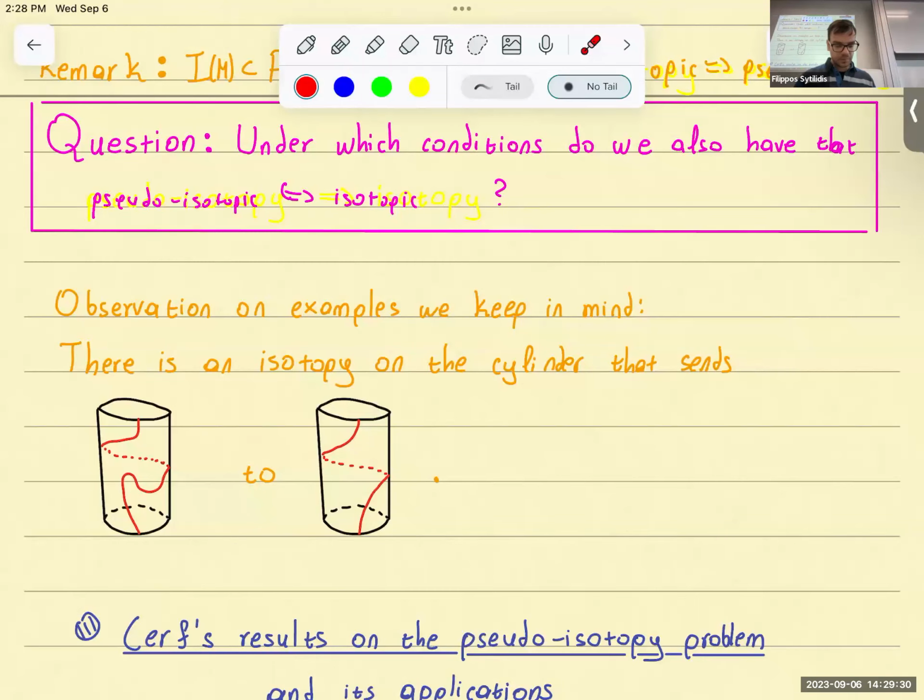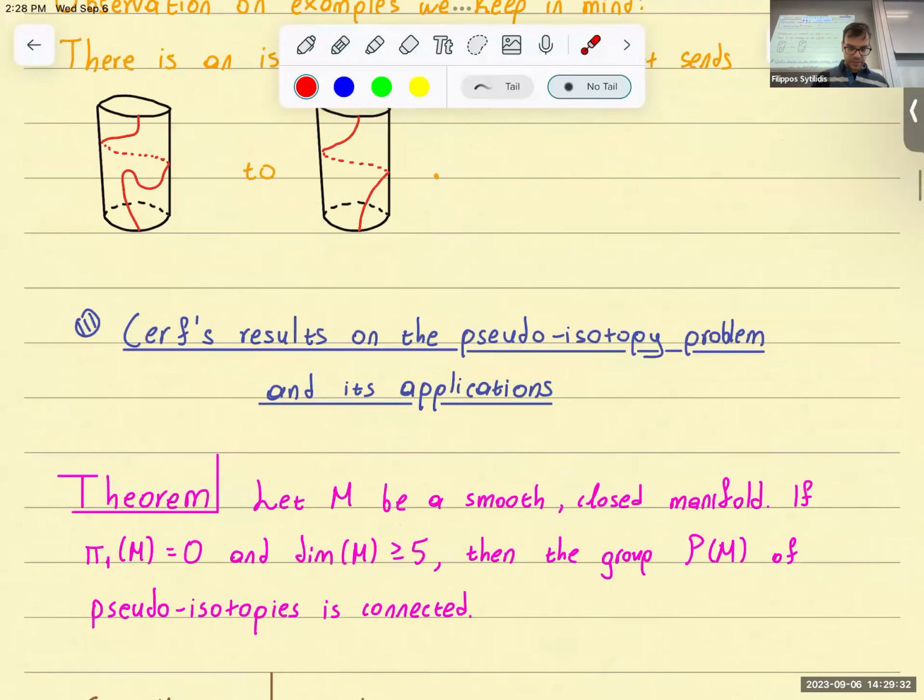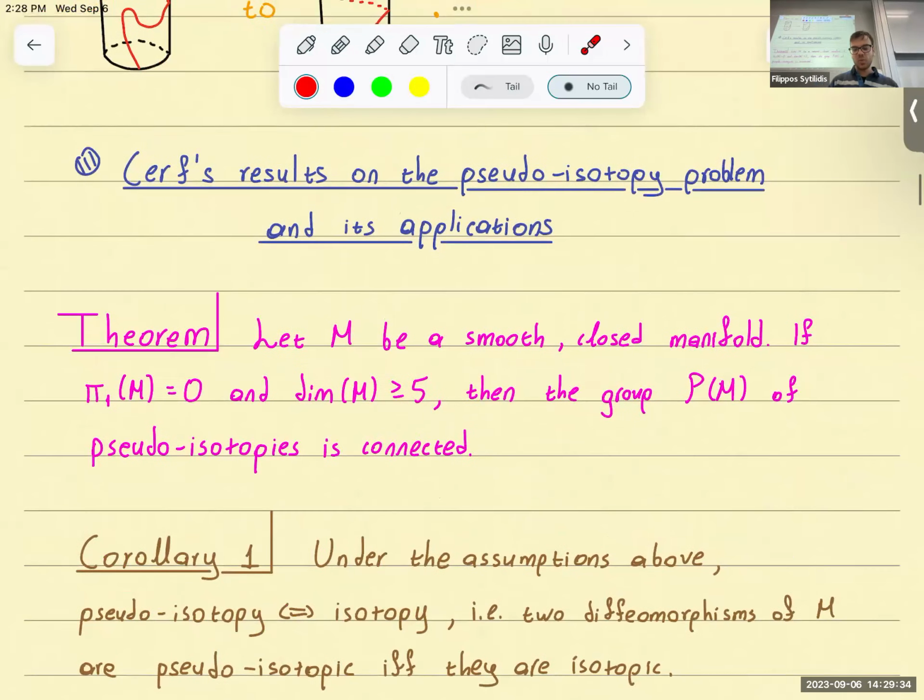So I'm going to start with telling you what Cerf proved about this question and what some implications of it are. Then I'll tell you what the connections are with Morse theory and all of this stuff. So are we on board and happy going? Okay.